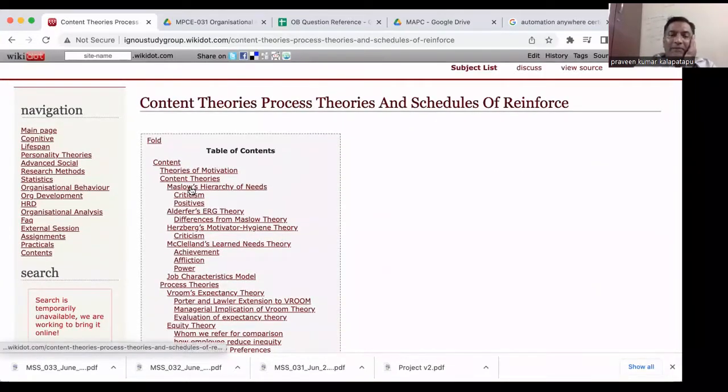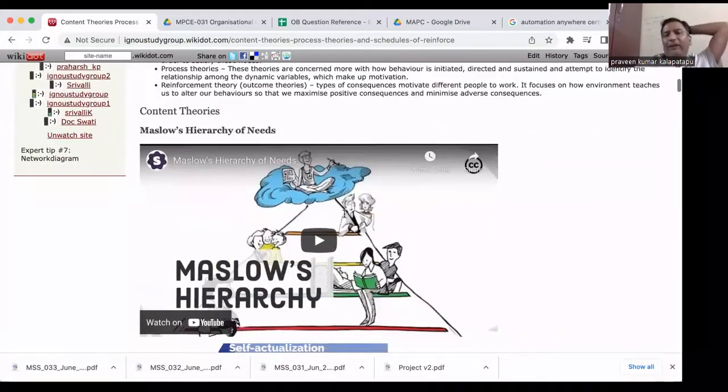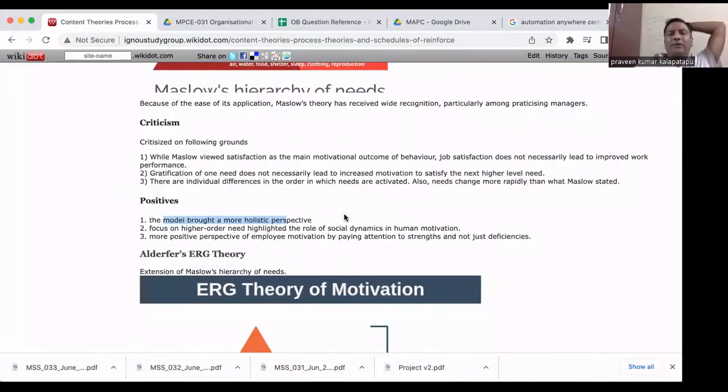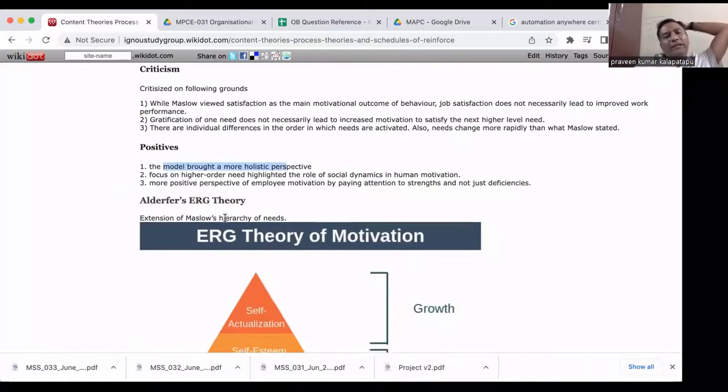So now we completed one of the content theories, which is Maslow's hierarchy of needs, talking about, you know, the five different needs from physiological to the top. Okay, now we are going to move to the next theory, which is Alderfer's ERG theory.